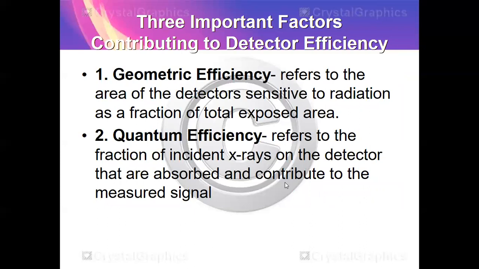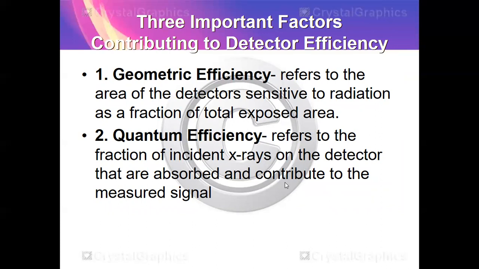Geometric efficiency refers to the area of detectors sensitive to radiation as a fraction of total exposed area. So, ibig sabihin, isang part lang siya, for example, ng detector. So, for example, sa lower one-third part, tinitingnan kung gaano pa rin siya ka-efficient mag-detect ng radiation.